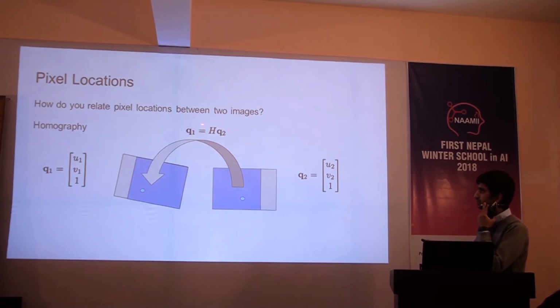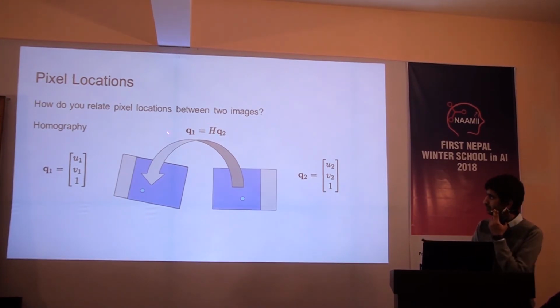So what you do is you form these equations. Now if you have 4 points like this, if you identify 4 corresponding points, from each equation you will have 2 independent equations, because Q1 is UV. So each component of this vector and this vector has to be the same, right?